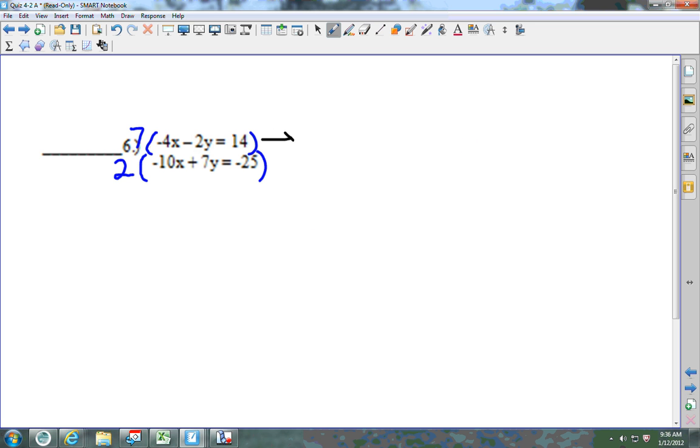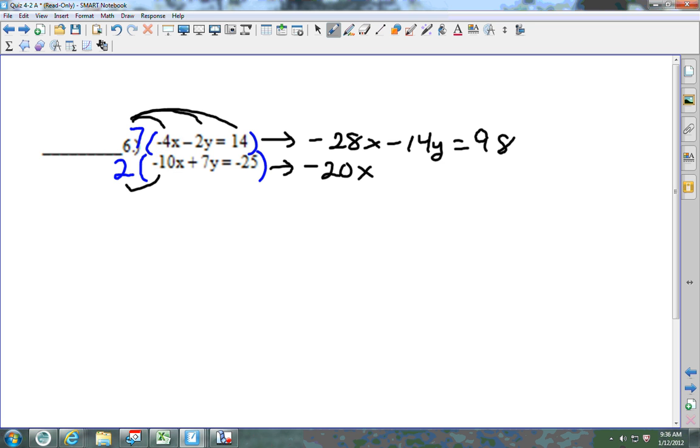Now let's rewrite this. 7 times negative 4 is negative 28x. 7 times negative 2 is negative 14y. 7 times 14, what is that? 98. The bottom one, 2 times negative 10 is negative 20x. 2 times 7y is plus 14y. 2 times negative 25 is negative 50.